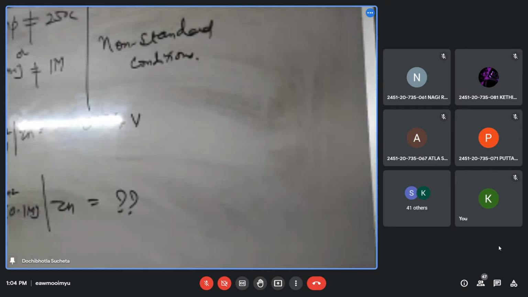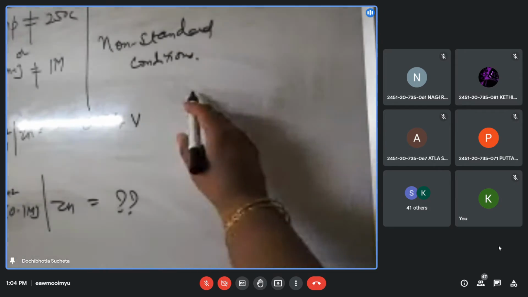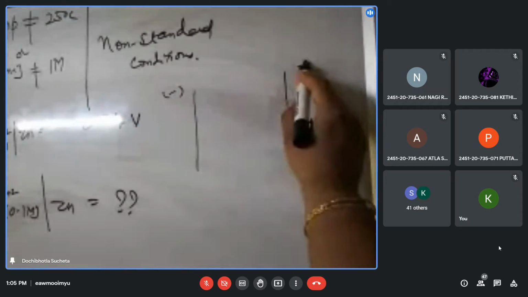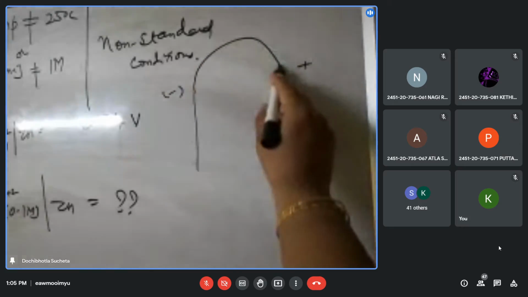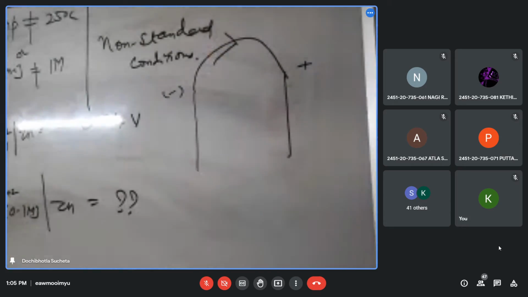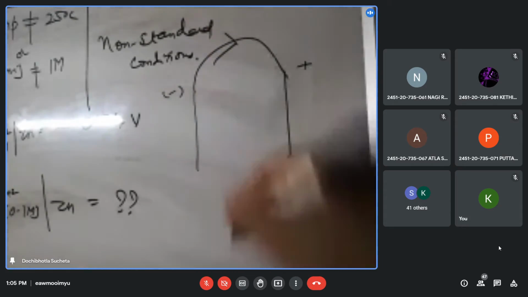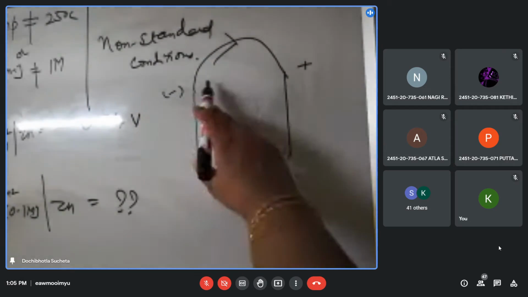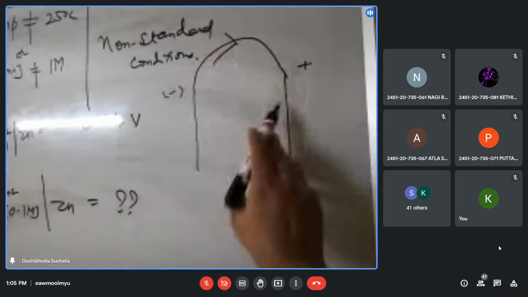Now, if there is EMF, there is flow of charge. How much charge is flowing between any two points, anode and cathode? Always there is flow of charge from anode to cathode. Correct? Is the symbol correct? Now, how much charge is flowing from anode to cathode?